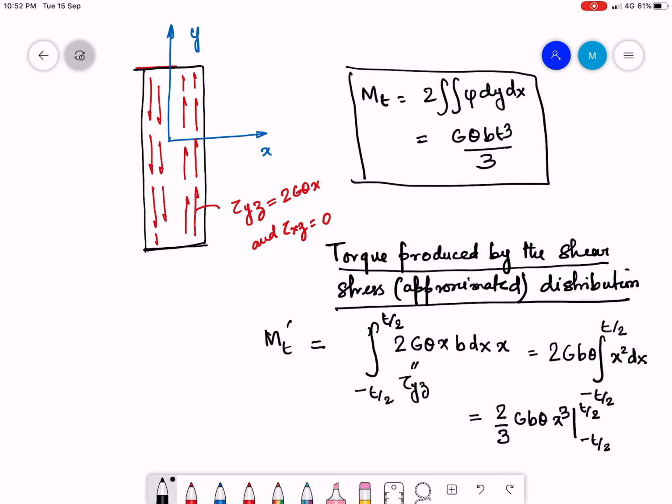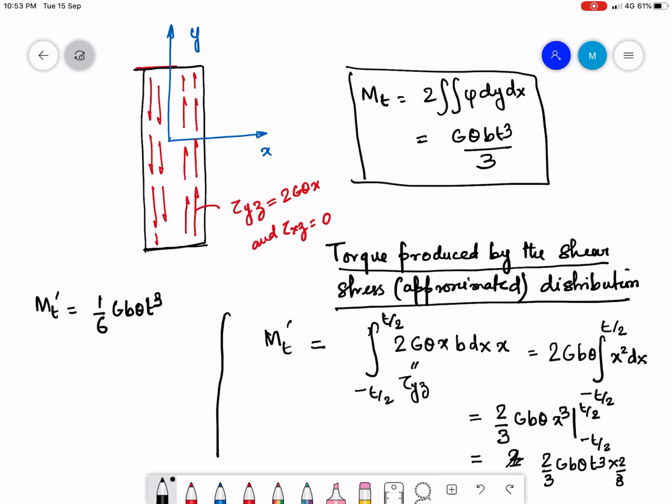If I evaluate this further, this is going to be 2/3 G b theta t cube into 2 by 8. Therefore, Mt dash is going to be 1 by 6 G b theta t cube.